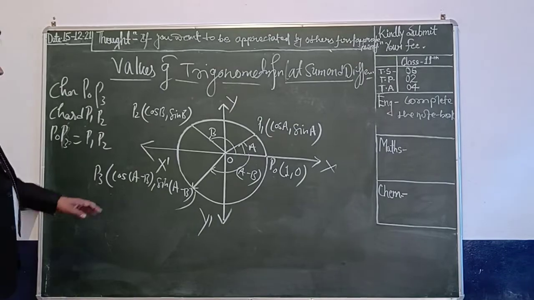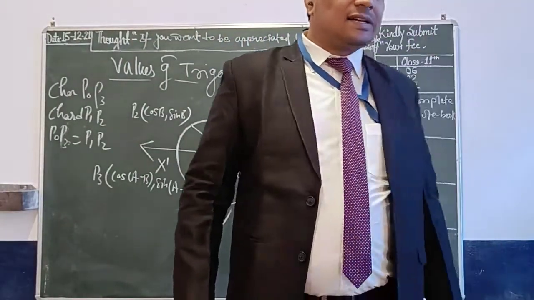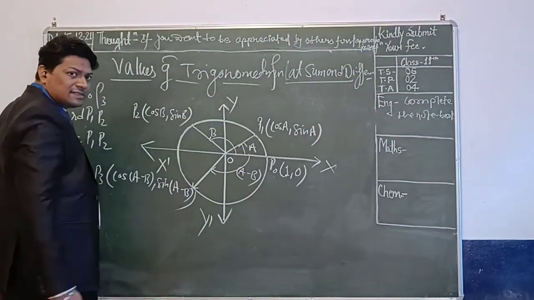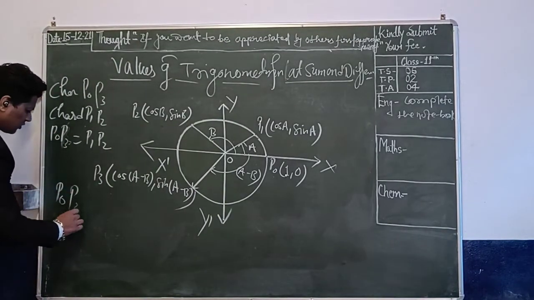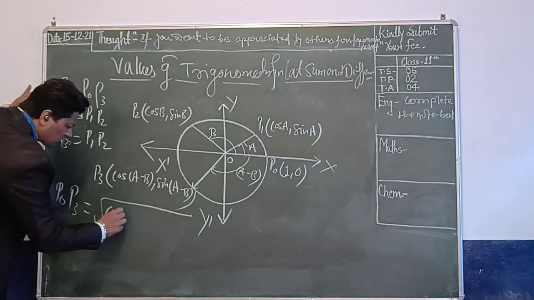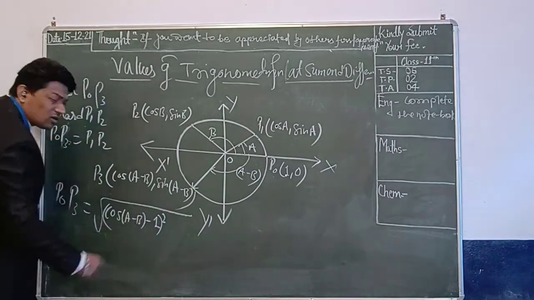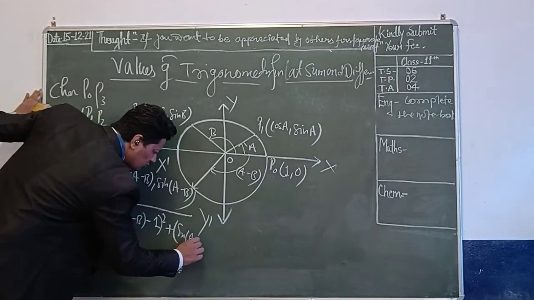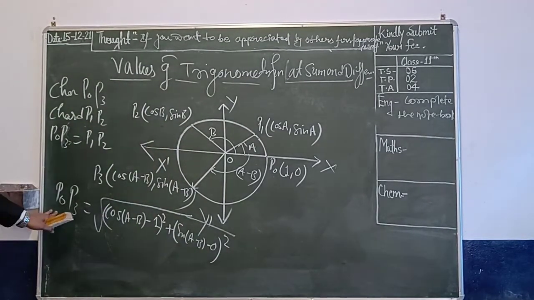For P0 P3 you have to go for the square root of (x2 minus x1) whole square plus (y2 minus y1) whole square. In the same way, you can apply it for P1 P2. So applying for P0 P3, you get (cos(a minus b) minus 1) whole square, that is (x2 minus x1) whole square, plus (sin(a minus b) minus 0) whole square, that is (y2 minus y1) whole square. This is the value of P0 P3.